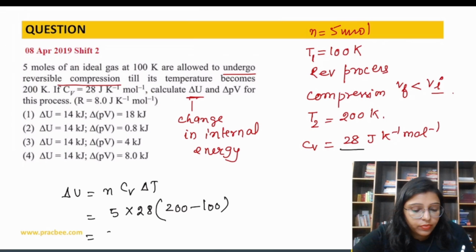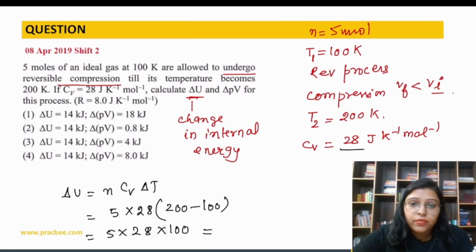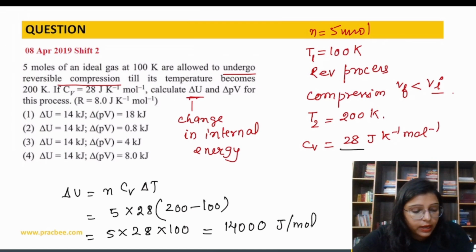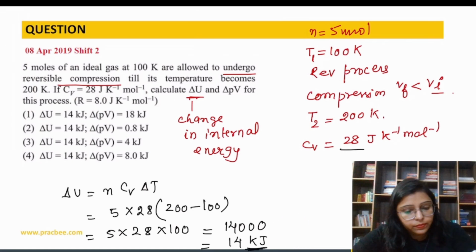So it is equal to 5 into 28 into 100. On solving, you get 14,000 joule, and this is going to be 14 kilojoule. Clear? 14 kilojoule.